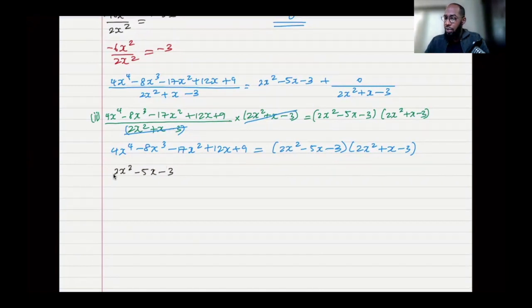There are a number of ways how you can factorize a quadratic expression, right? I'll just show you how I do it. I take 2 multiplied by 3, I ignore the signs. It's equal to 6. I find the LCM of 6.